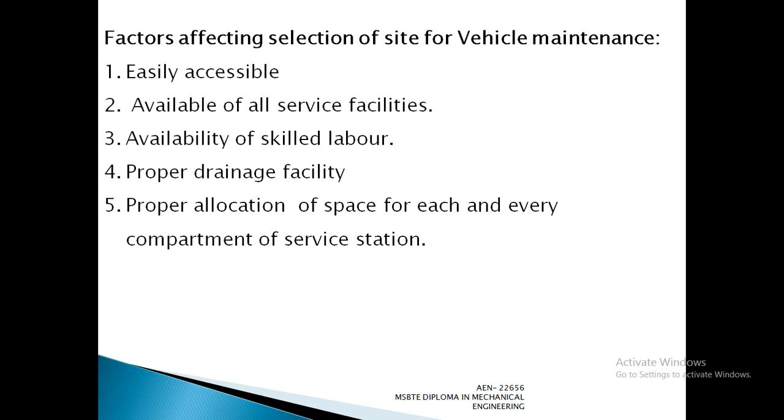There should be availability of all service facilities, availability of skilled labor, proper drainage facility should be there, because washing and other accessories cleaning might require all the dust and dirt and water particles, and oils and chemicals to be drained out properly, so proper drainage facility is required. Proper allocation of space for each and every compartment of service station. These are the different factors that will be affecting vehicle maintenance.